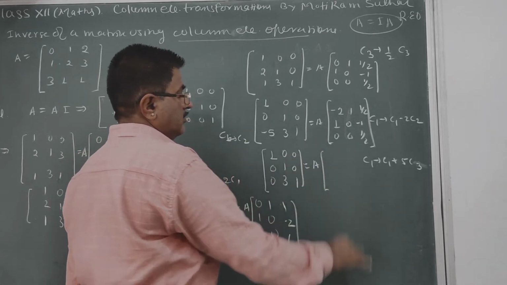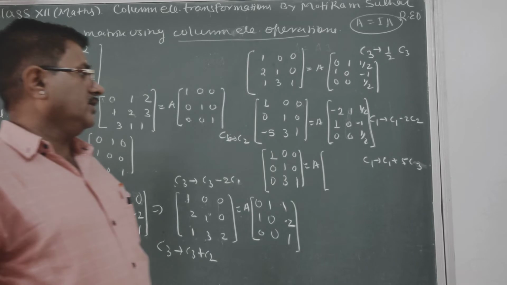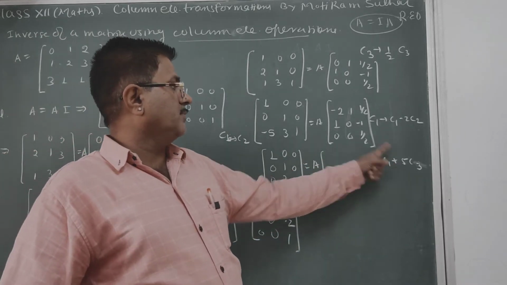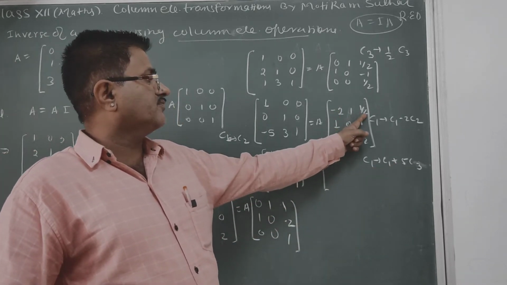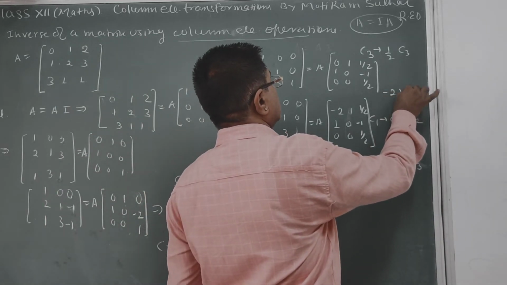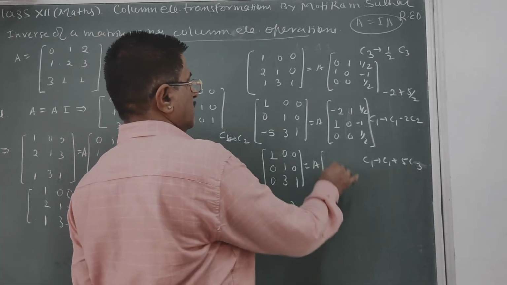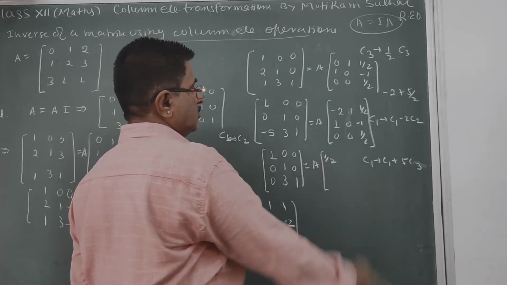Now similarly we use on the right hand side for the first column. So see here, C1 plus 5 times. So minus 2 plus 5 times of 2. So what we can say here, minus 2 plus 5 by 2. So minus 4 plus 1, that is 1 by 2.